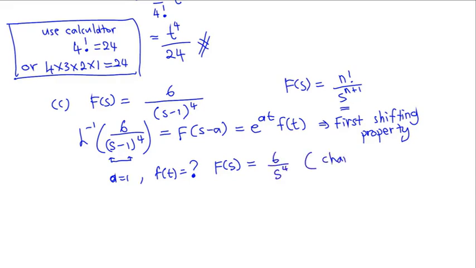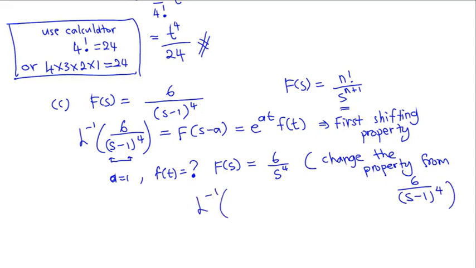So we change the property from 6 divided by (s minus 1) power of 4. So Laplace inverse of 6 divided by s power of 4 is equal to, n is 3, so 3 factorial divided by s power of 3 plus 1.